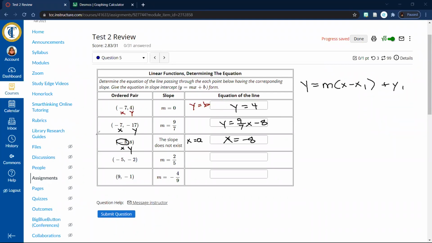Does that look familiar? In which case our point would be (x1, y1). Let's plug everything in. So you have y equals 2/5 as our m, (x minus our x1, which is -5), plus our y1, which is -2.